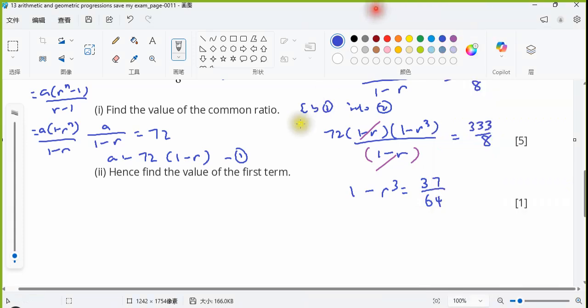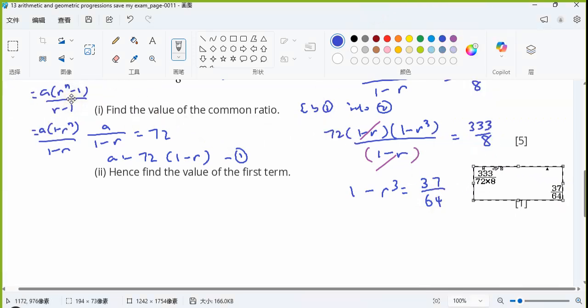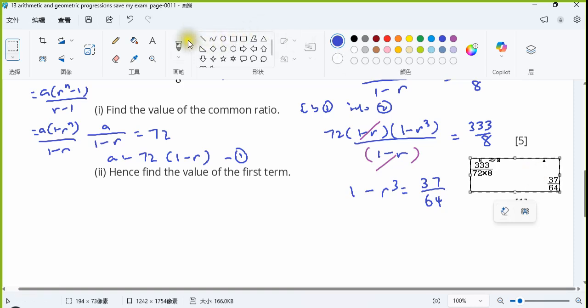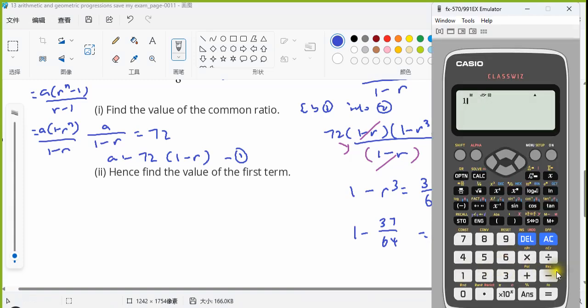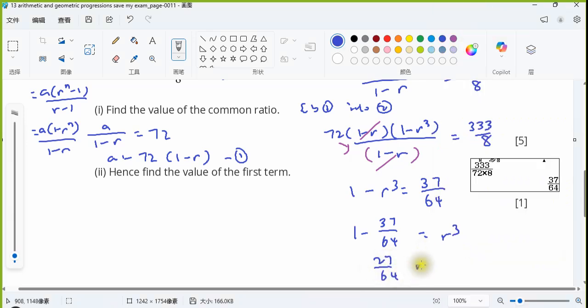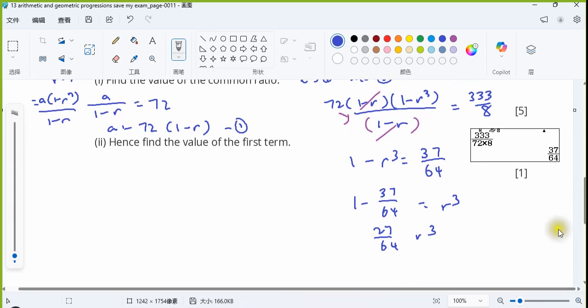Okay. So this one divide the 72 here. So 1 minus 37 over 64 will be r cubed. So 1 minus this, then we have 27 over 64 equal to r cubed. So r will be the cube root of 27 over 64, then it's 3 over 4.